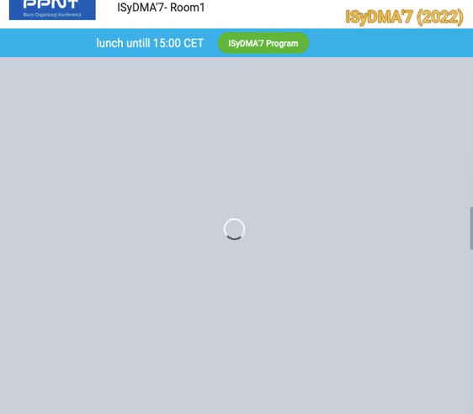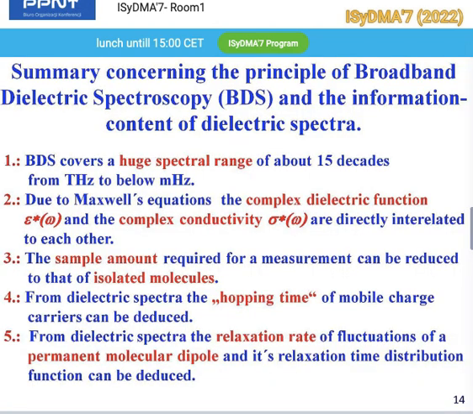So let me summarize this briefly. BDS in the modern form covers 15 decades in frequency, from the terahertz range to below millihertz. This is now easily available. Due to one of Maxwell's equations, the complex dielectric function and the complex conductivity are directly interrelated to each other.